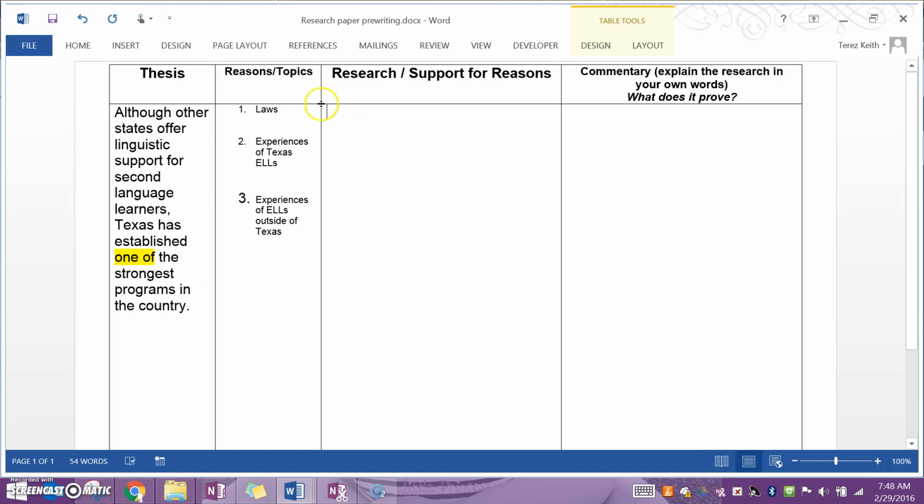Alright, now to move these reasons to elaborate on them in this column. Whenever you see a 1, that means I'm connecting this research to laws. So my number 1, I found this awesome information from the Texas Education Code that's going to support my thesis. So let me just type this in.